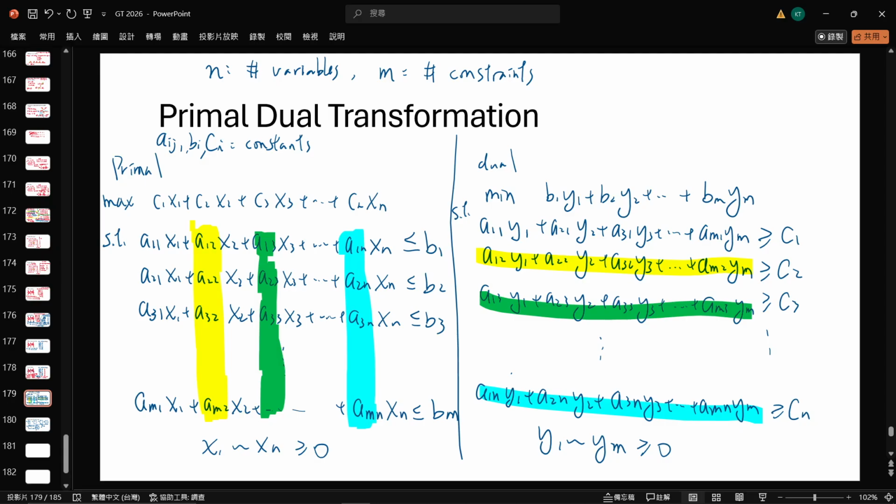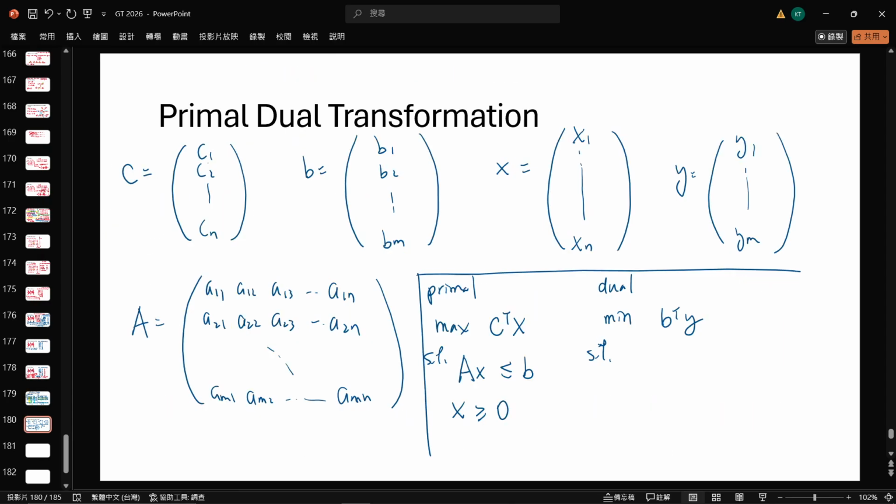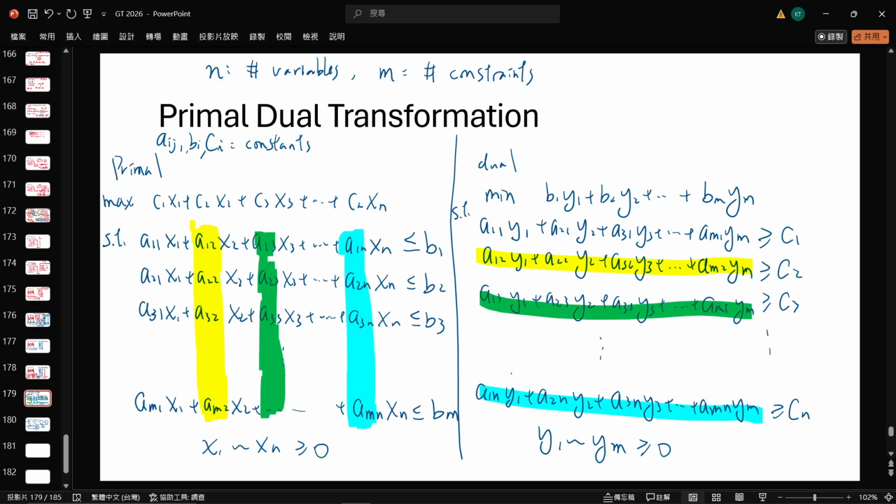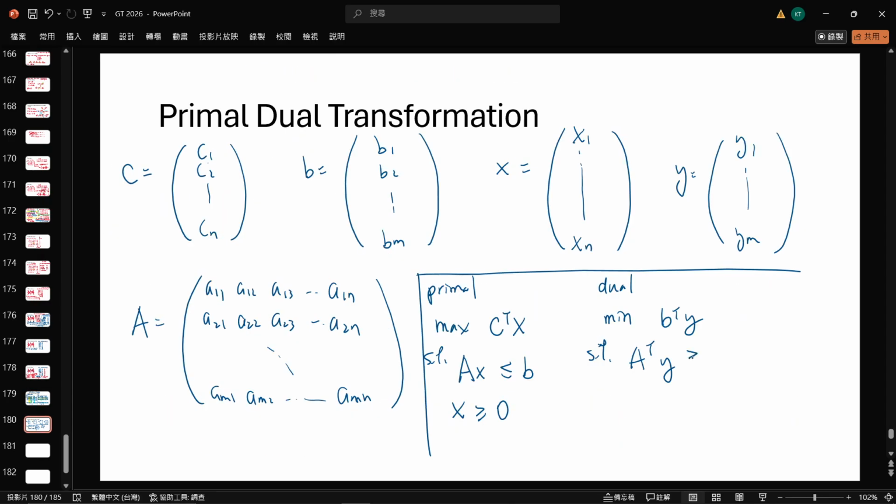So columns become rows. And this is at least c.